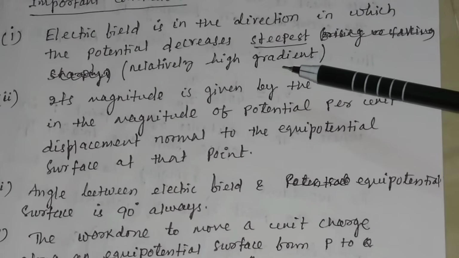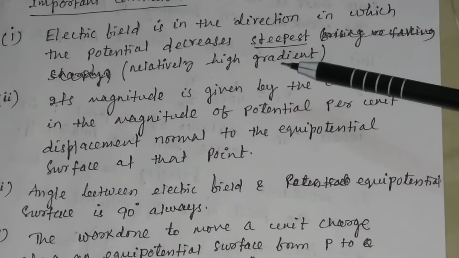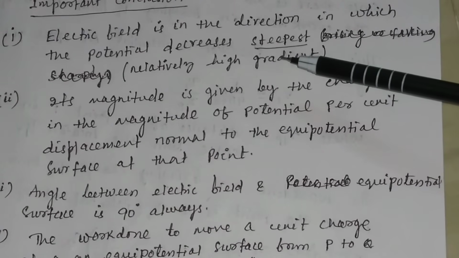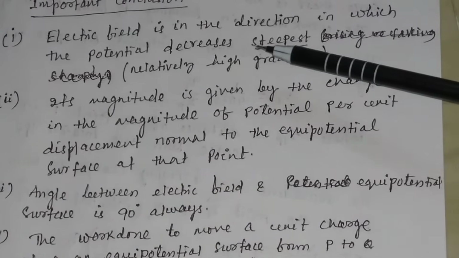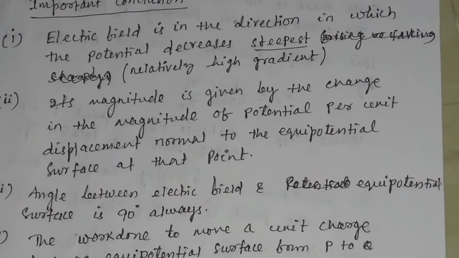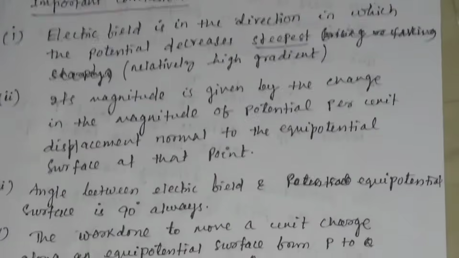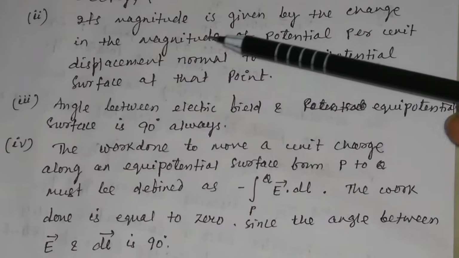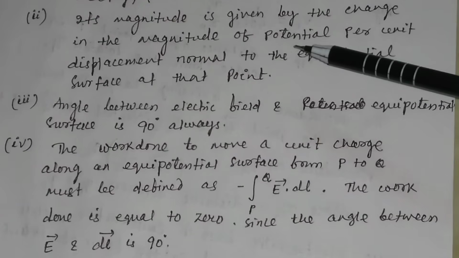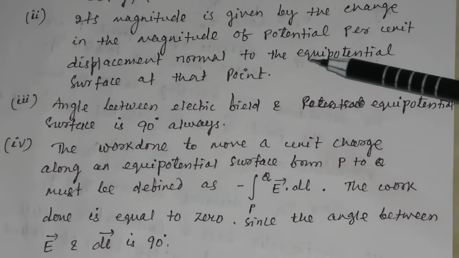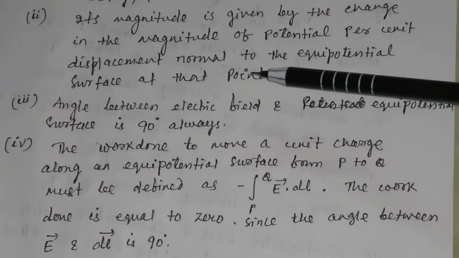Gradient means any change which is perpendicular. So electric field is in the direction in which the potential decreases steepest. Next point, its magnitude is given by the change in the magnitude of potential per unit displacement normal to the equipotential surface at that point.